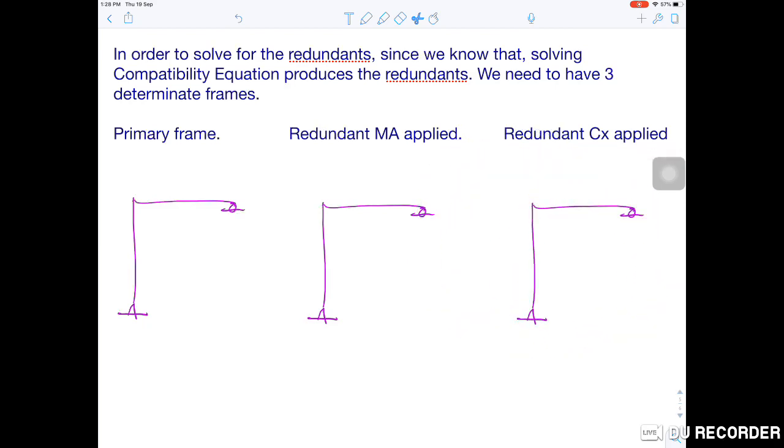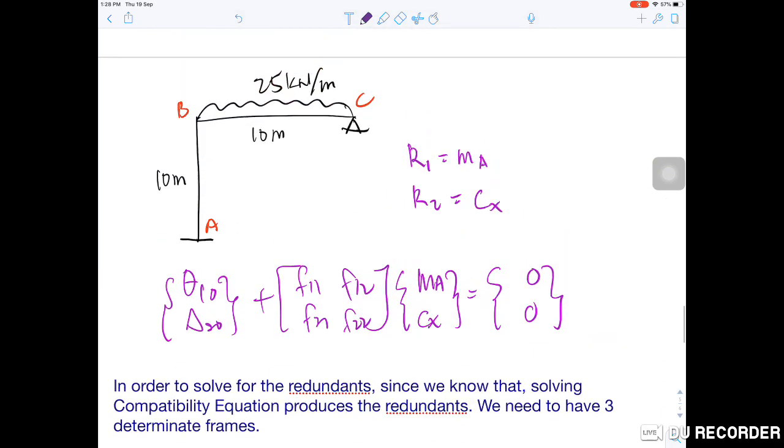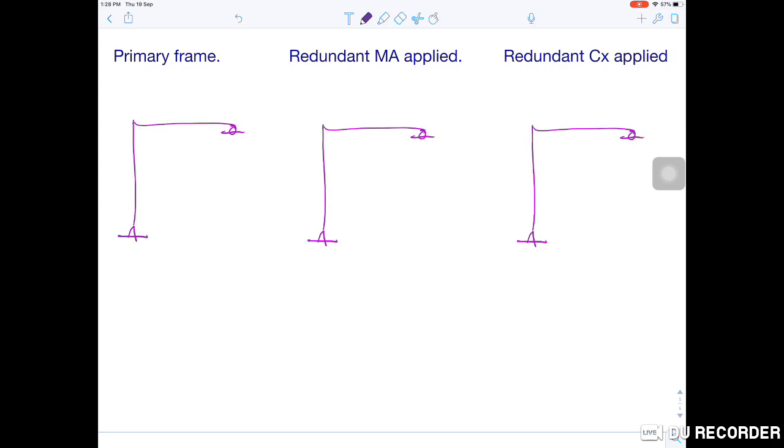What is different in these 3 frames is only the force. The primary frame is subjected to the UDL, the external loading.